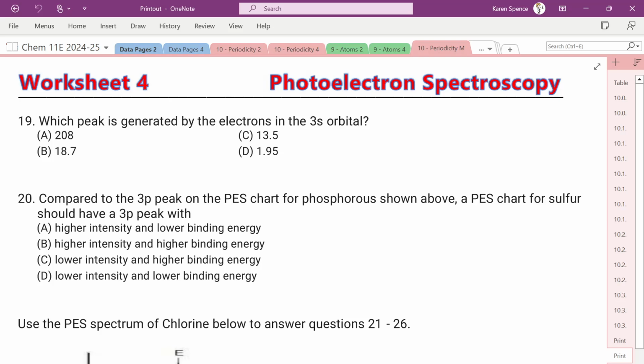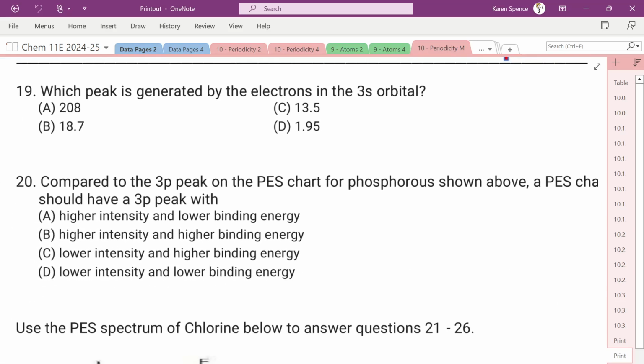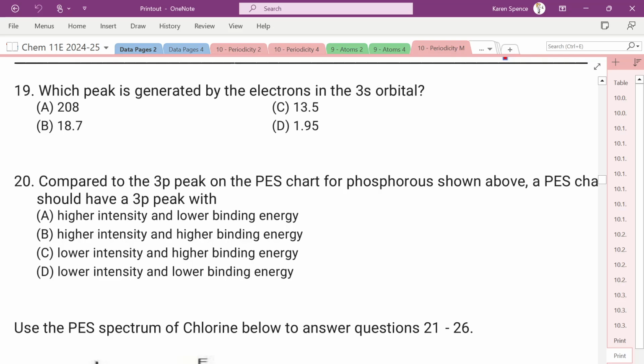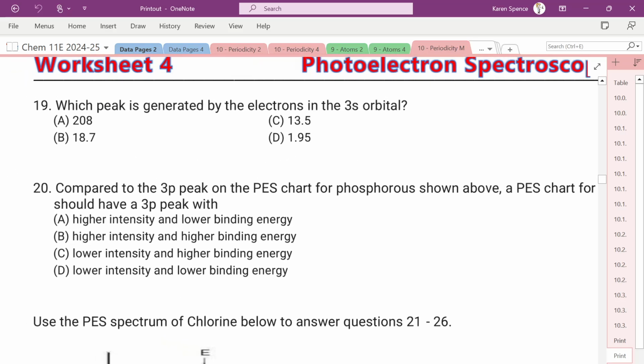So this is the PES review, number 20. Which peak is generated by, oh no, sorry, I'm reading number 19. Compared to a 3p peak in the PES chart for phosphorus shown above, a PES chart for sulfur.